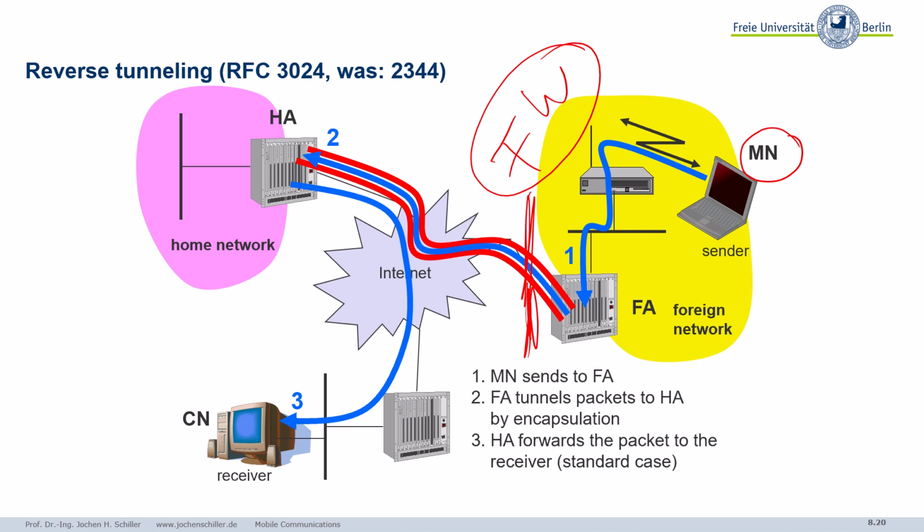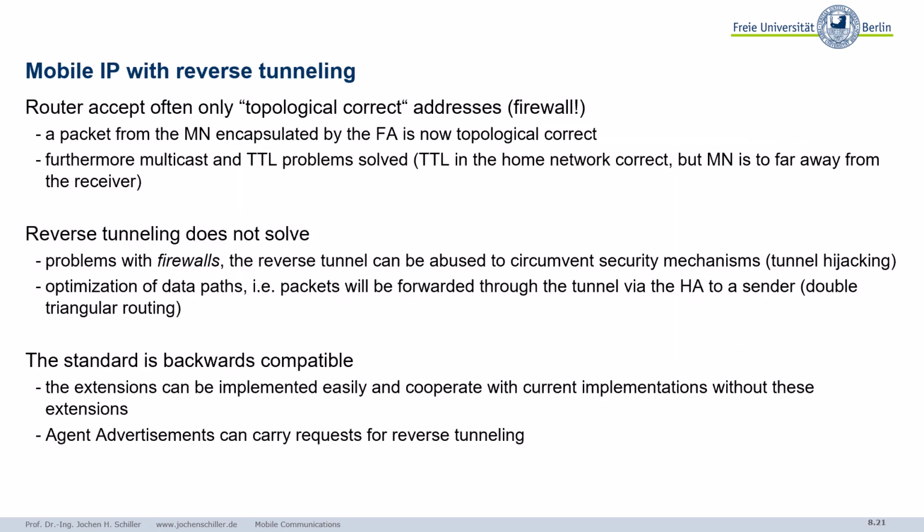So that's a tunnel. Okay, and then the packets will reach the home agent. The home agent will decapsulate the packets and forward them normally into the internet. And that means the packets also originate from the original home network. So, great. We solved this issue with the firewalls using reverse tunneling.